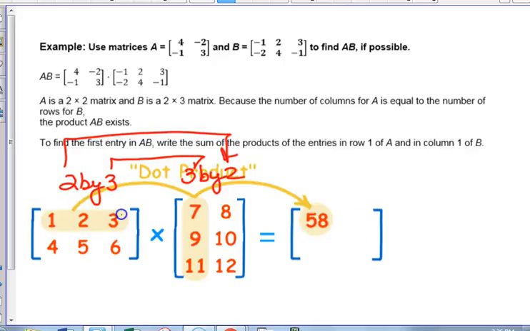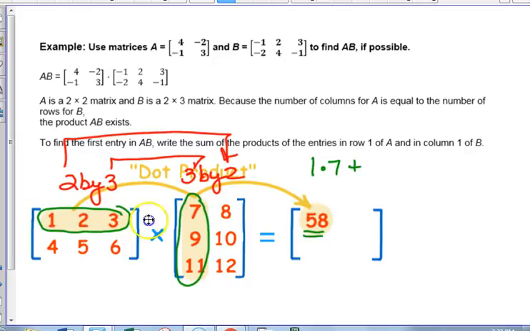You take each row, so I'm going to do row 1 times column 1. The resulting answer goes in row 1, column 1. What they did was they took 1 times 7, plus 2 times 9, plus 3 times 11. And they got 58.